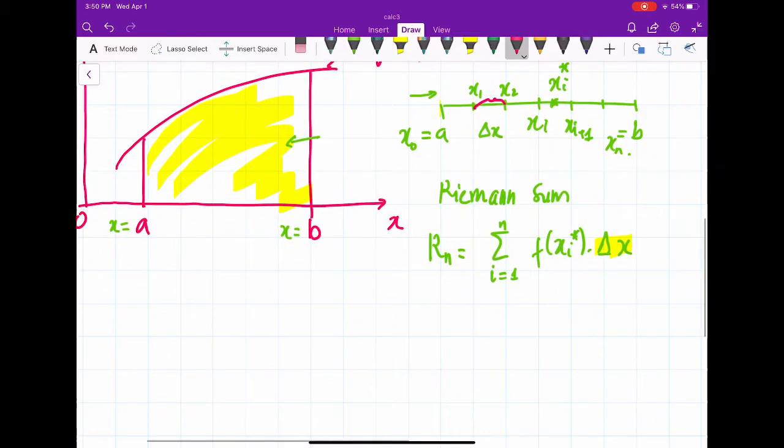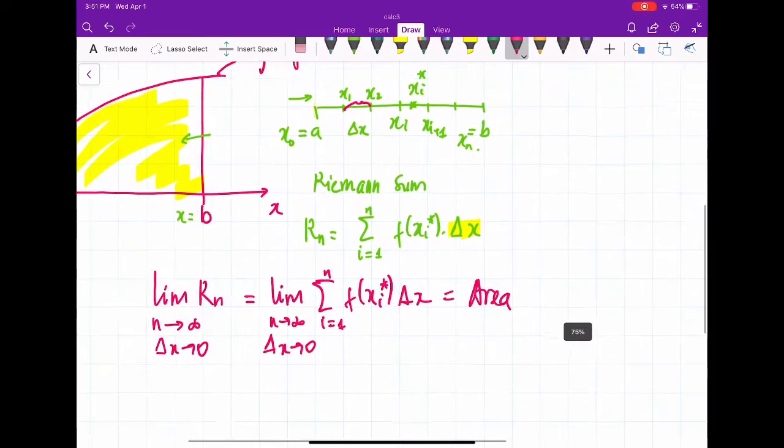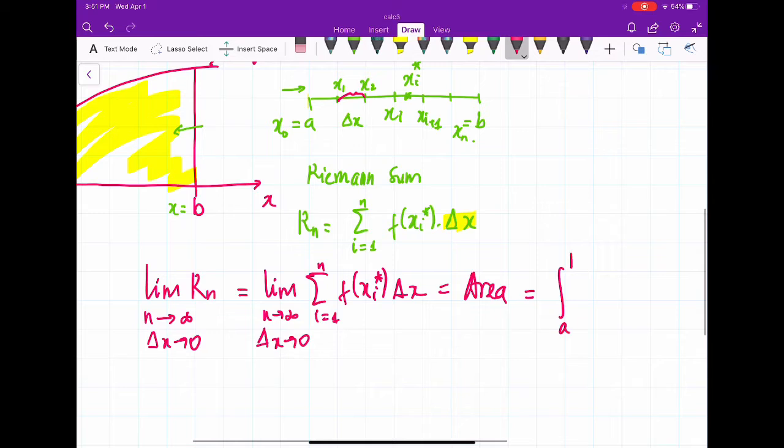And if you consider the limit of the Riemann sum when n approaches infinity, or in this situation, delta x approaches 0, this limit will give you the exact area of our region if the limit exists. Okay, so that is the area. And this limit is denoted by the definite integral from a to b of the function f(x) dx.